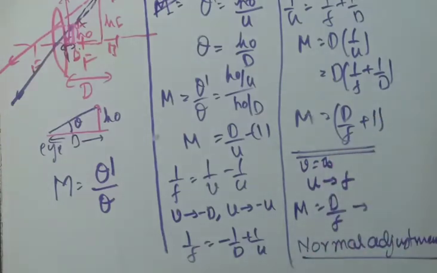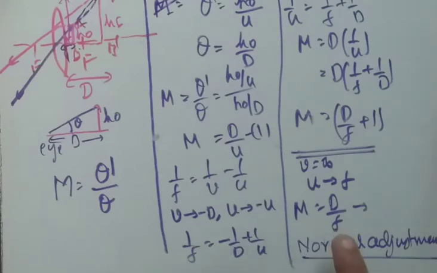And if we try to adjust the position of the object exactly at the focus, that is u equals f, then the image is formed at infinity, it is very enlarged. Then we say the microscope is in normal adjustment. For that we have to take v equals infinity, u is f, therefore m equals D by f from equation 1.